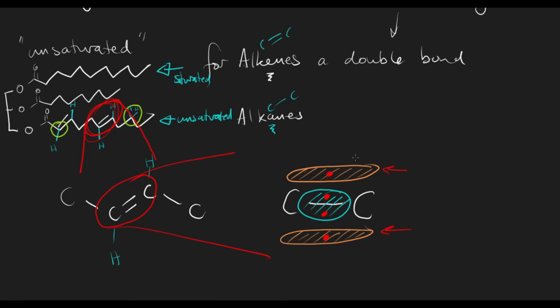Now what this means is that there is an area on a carbon-carbon double bond of high electron density. High electron density, compared to a carbon-carbon single bond.